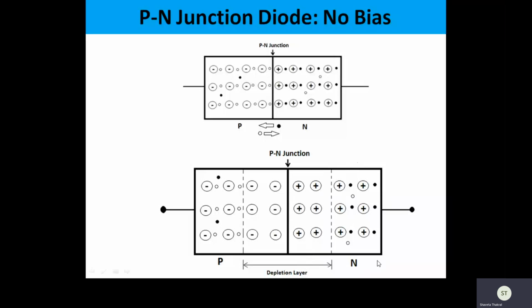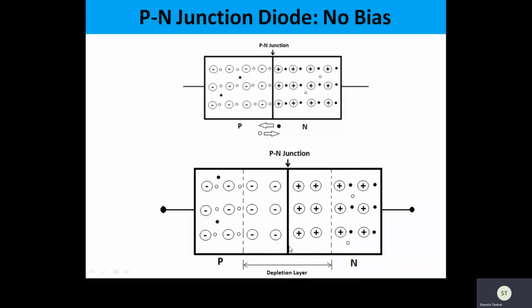This potential barrier is creating some electric field at the junction, and that is material dependent. For silicon, this established electric field is equivalent to 0.7 volt, and in the case of germanium, this established electric field is equal to 0.3 volt.